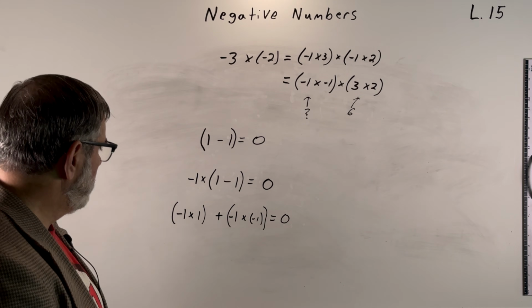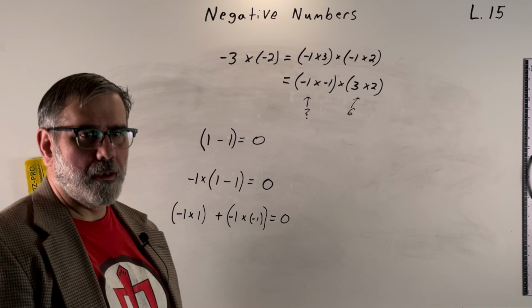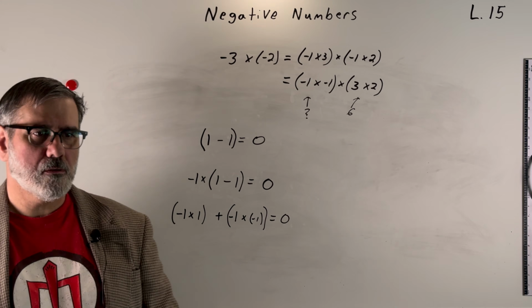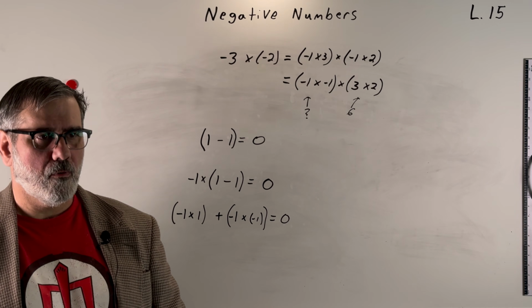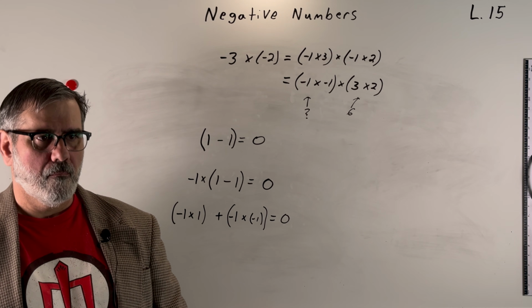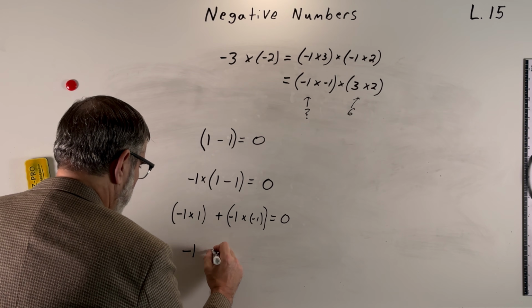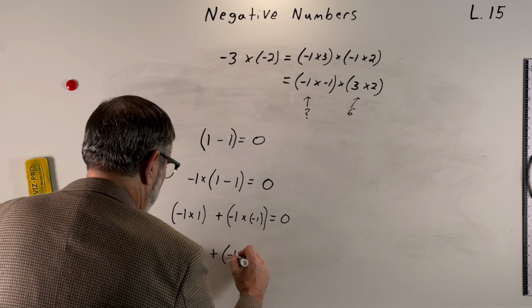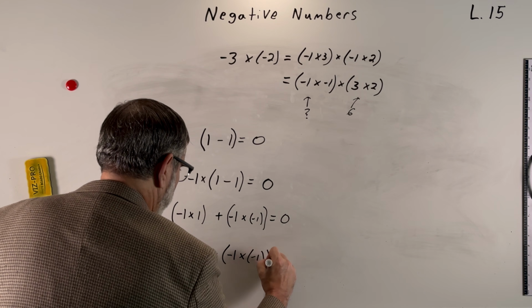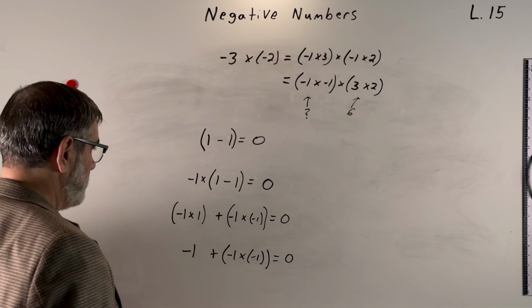Still equal to 0. Well, what is minus 1 times 1? We already know how to do those kind of problems. Who can tell me the answer? What is minus 1 times 1? Minus 1. So this simplifies to minus 1 plus minus 1 times minus 1 equals 0 still.